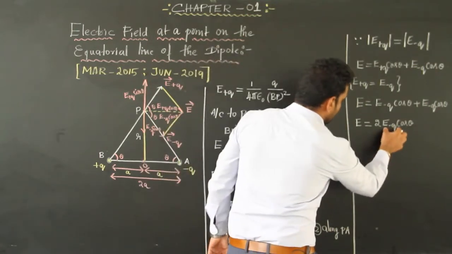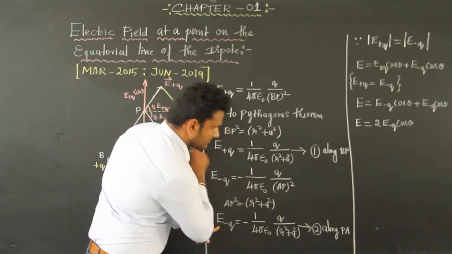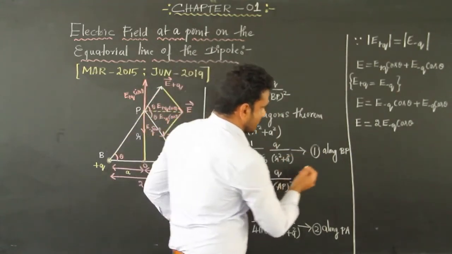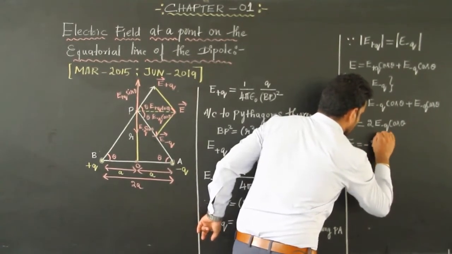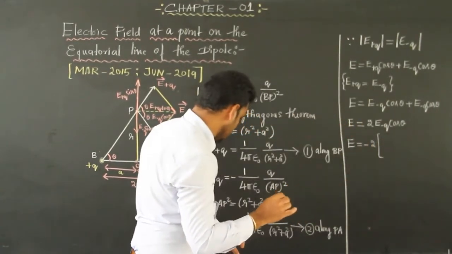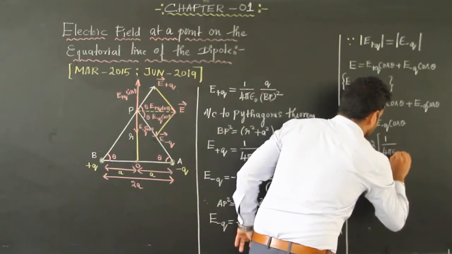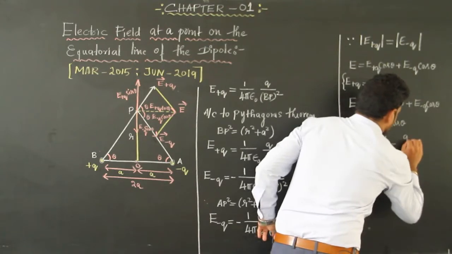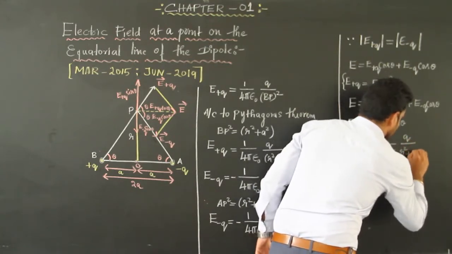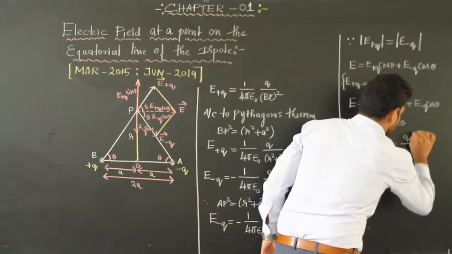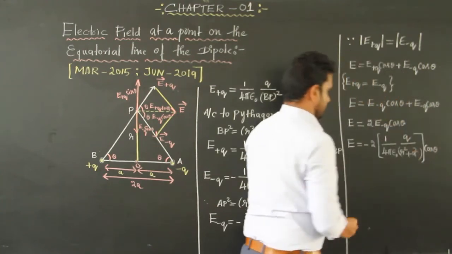And we have a value for E minus Q. Where is E minus Q? Look at equation number 2. Along with the minus sign, I am going to substitute here. First I will write the minus sign, minus 2. E minus Q is nothing but 1 over 4 pi epsilon naught, Q divided by R square plus A square, into cos theta.